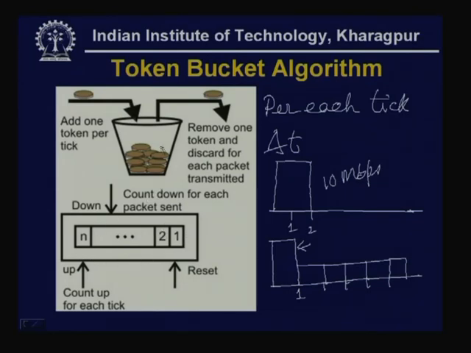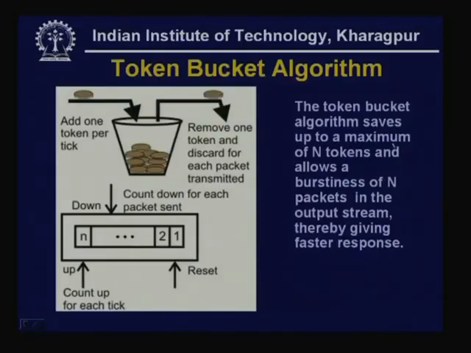Whenever a packet is sent, the counter is decremented. In other words, countdown is performed for each packet sent, and count up is performed during each tick, and in this way the counter is maintained to implement the token bucket algorithm. So it can be implemented either by hardware or by the operating system of the host.